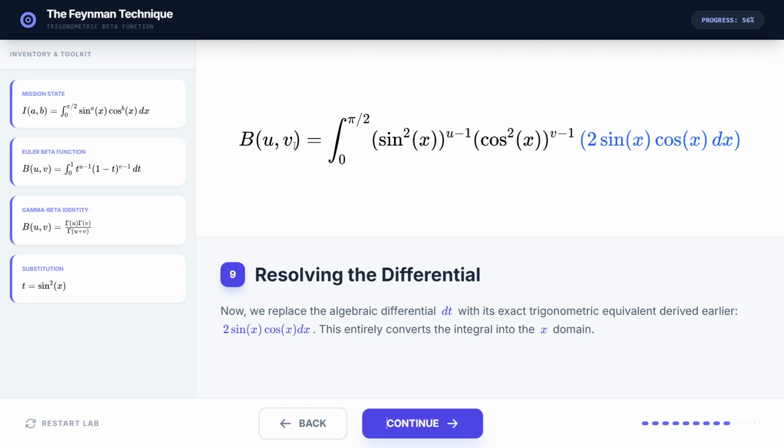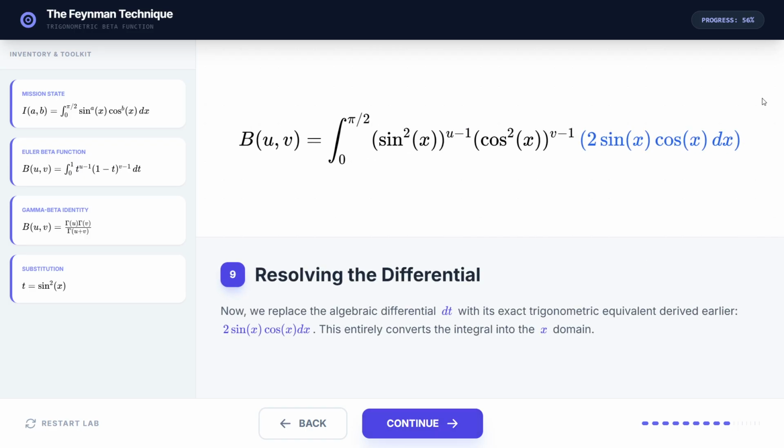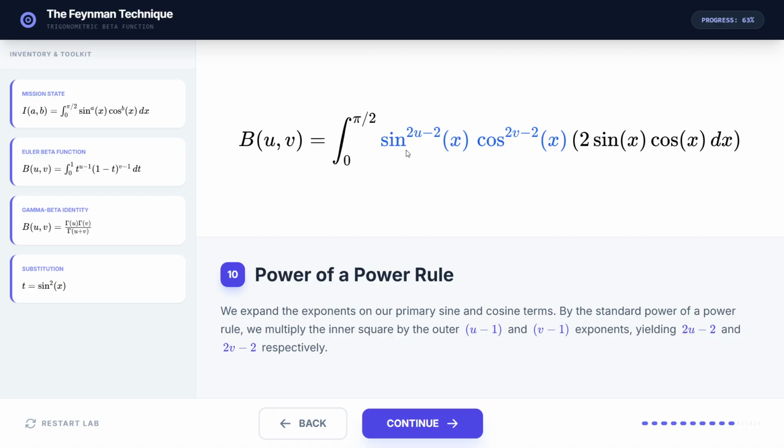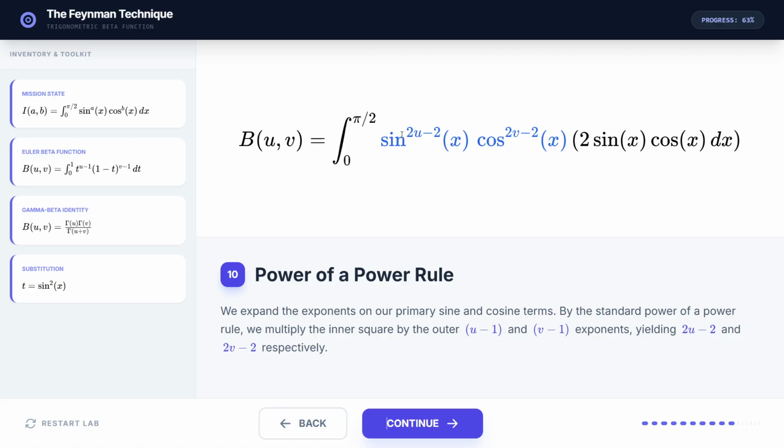All right. So we have beta of u, v is equal to this, but don't forget we have to replace our dt. And our dt is 2 sine x cosine x dx. All right. So now we'll rewrite our sine terms in blue here. You see this is just sine squared to the u minus 1, so that becomes sine to the 2u minus 2.